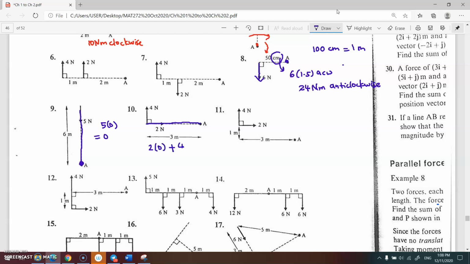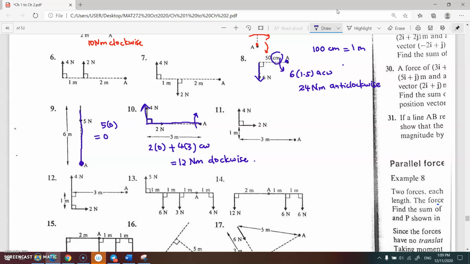And then plus 4. And then you have a perpendicular distance, which is 3. And if you pull it here, the rotation would be clockwise. So your answer would be 12 Newton meter clockwise.